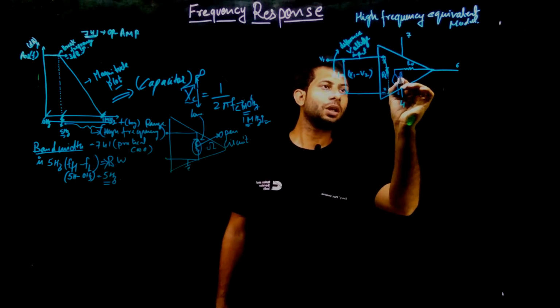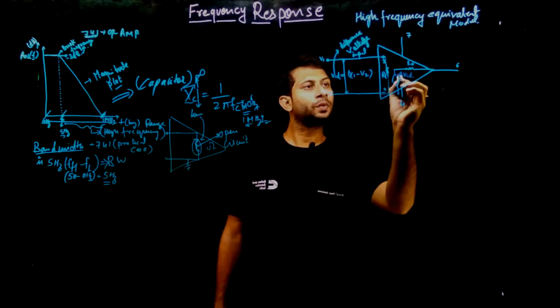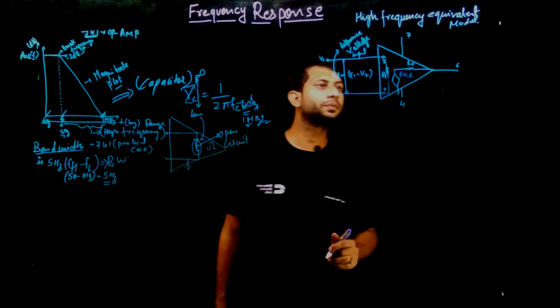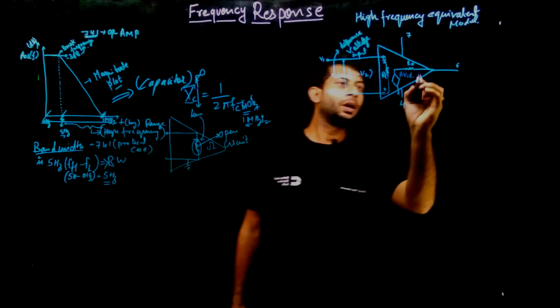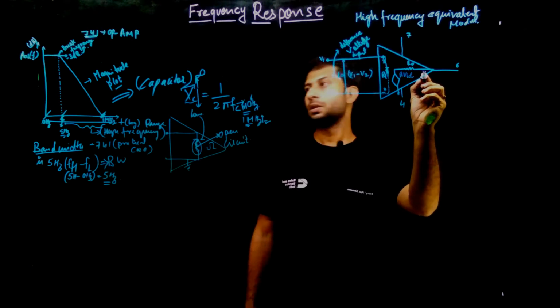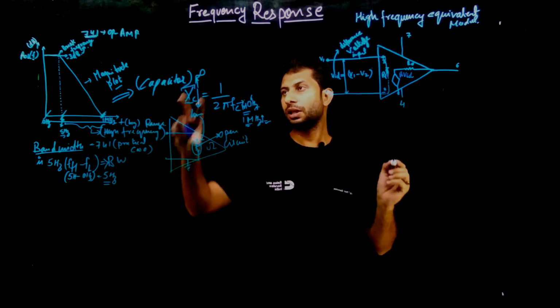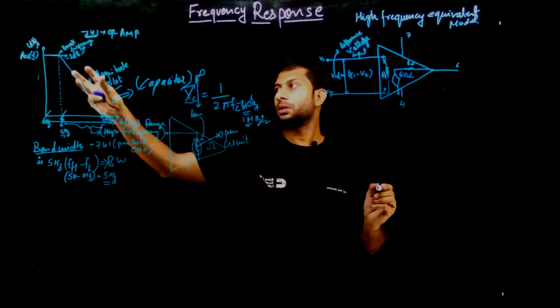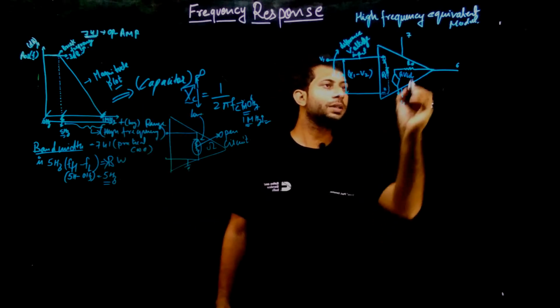This is A times VID, where A is the gain, right? Somewhere due to this capacitor, this roll-off takes place.